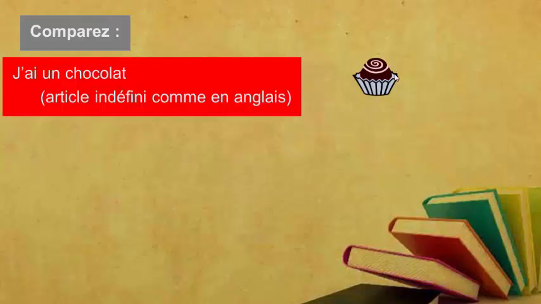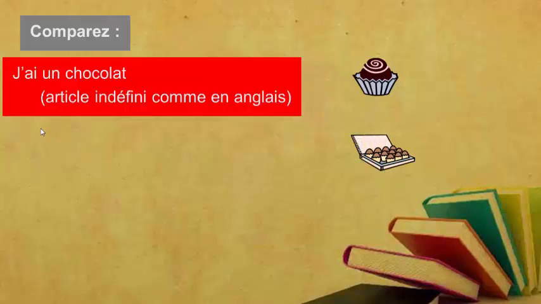The word un here, we define it as article indéfini comme en anglais, because we can count this amount. You see, it's one piece of chocolate. So when you say j'ai un chocolat, I have a piece of chocolate, because you can count it.